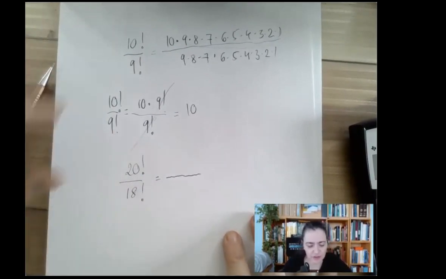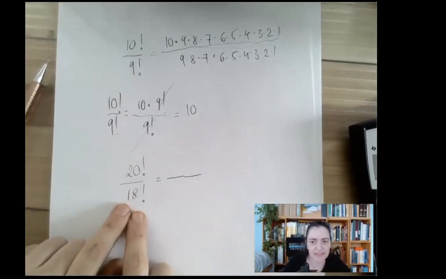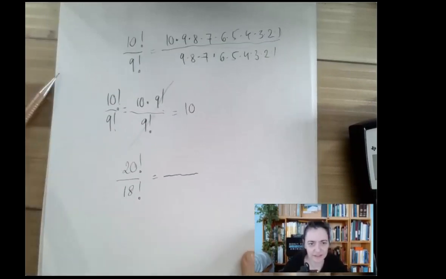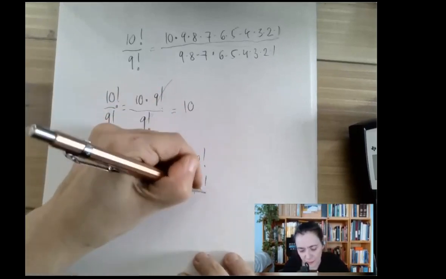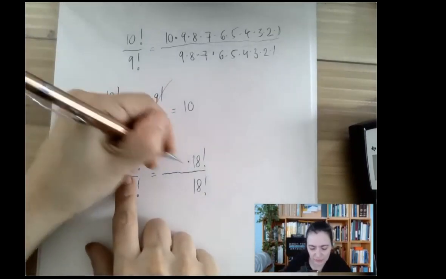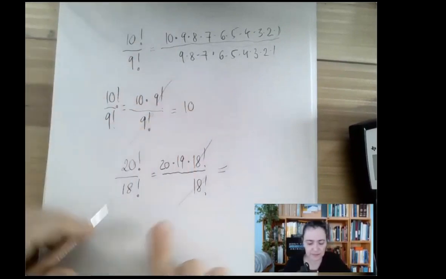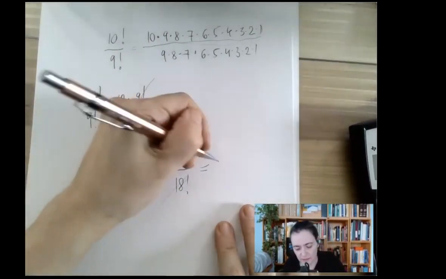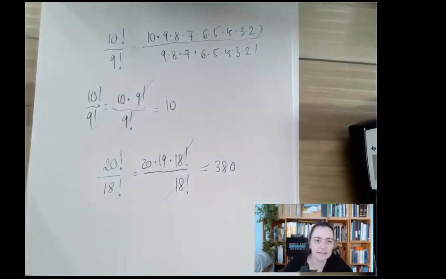Bottom one, this question, not that. It would be 20 if this said 19 factorial, but it says 18 factorial, right? So 18 factorial is at both places, right? That's going to cancel out. But to get to this, we have to multiply by 19 and by 20. And so 2 times 19 is 38, so it's 380, right?